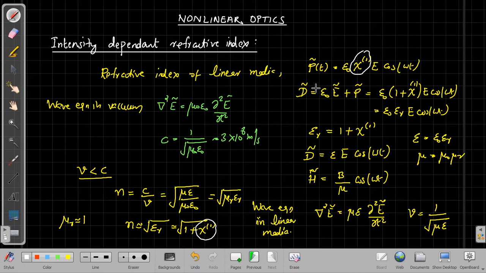That is the point I want to make. We just look at the polarization term which is linear in the electric field, get the linear susceptibility from it, and then find the approximate value of the refractive index of the material. With this idea, we can discuss the refractive index of media with third order nonlinearity.